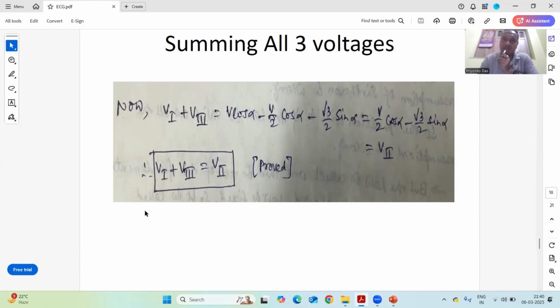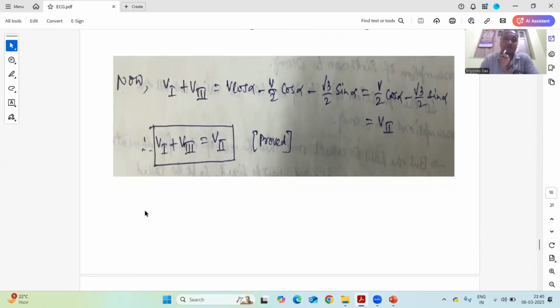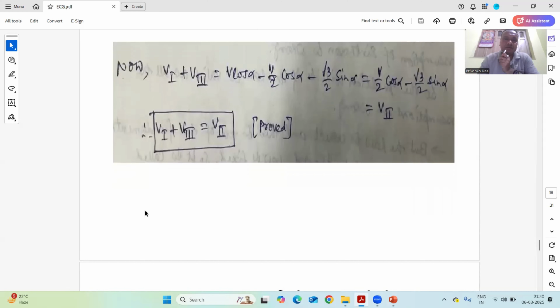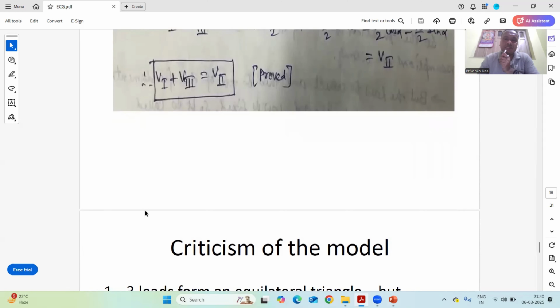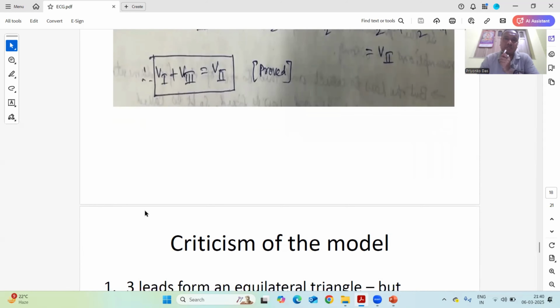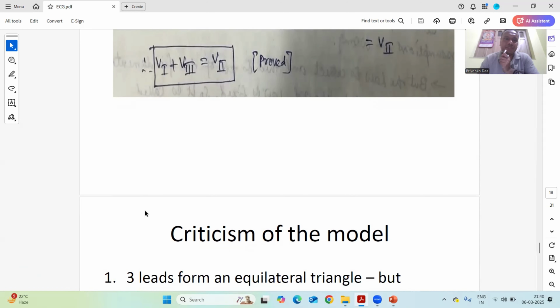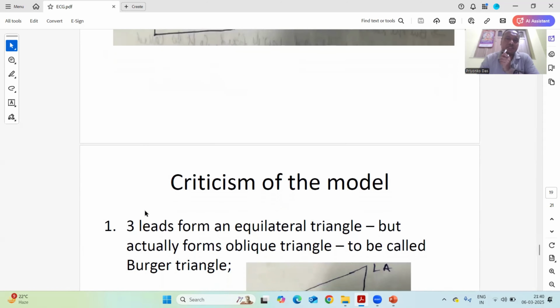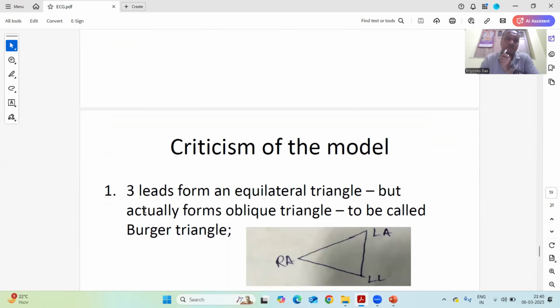Was it all right? What do you say, guys? Let us criticize this model right now, whether he was correct or not. Firstly, his assumption was of 3 leads forming an equilateral triangle.